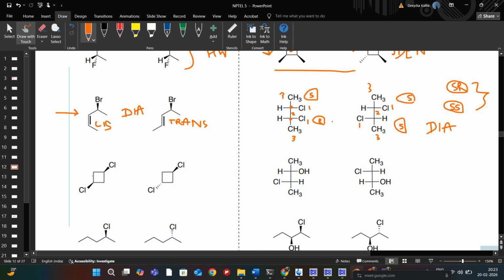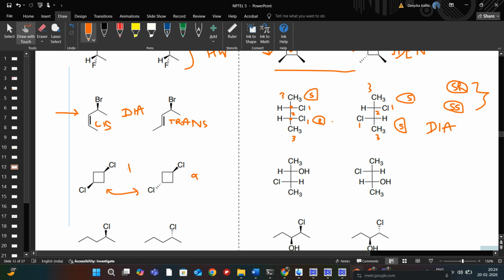Let us go to the next pair now. So again, for these two, you see that these two molecules are not mirror images of each other, hence they are neither identical nor enantiomers.